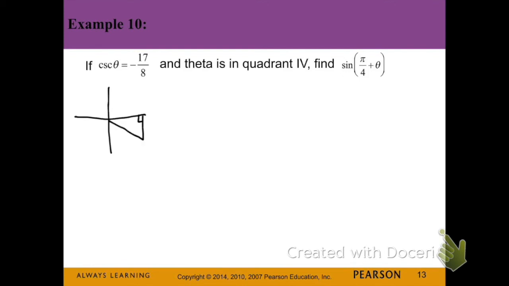So we're in quadrant 4, so here's my triangle. There's theta. And I know that cosecant is just sine flipped, so that's going to be hypotenuse over opposite. Our hypotenuse is always positive, so that's going to be 17. And since we're in quadrant 4, our y-coordinate is going to be negative, so negative 8. We're going to find the third side.